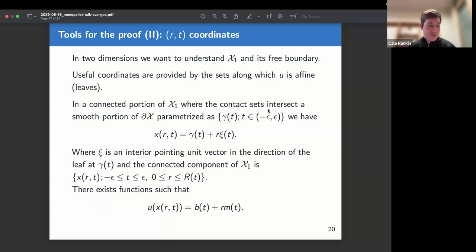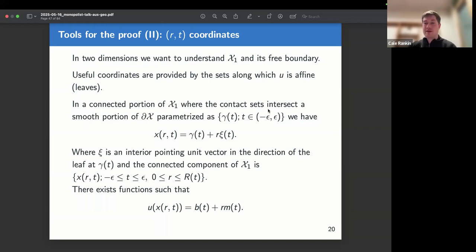Now we're going to talk about how we prove this connection to the classical obstacle problem. And we're switching to 2 dimensions now, because this is sort of the only setting in which we can prove these results. But we're going to consider the minimizer on a convex domain in R^2. And we want to understand the free boundary between this set where you're affine along line segments and this set where you're strictly convex.